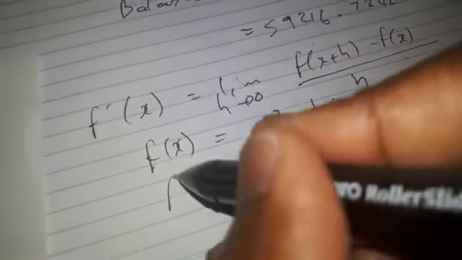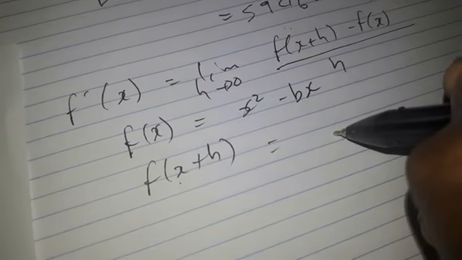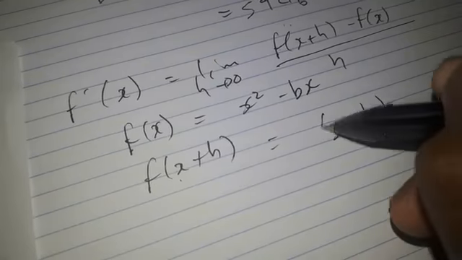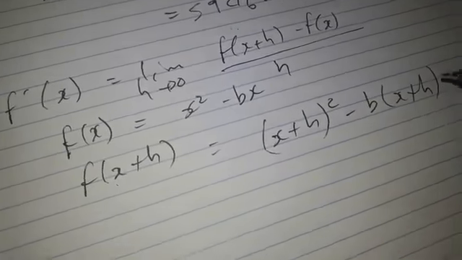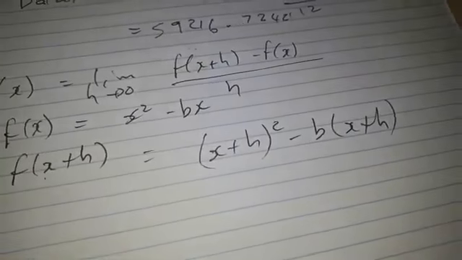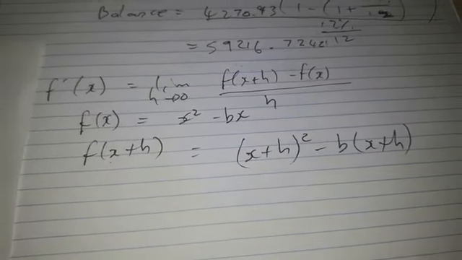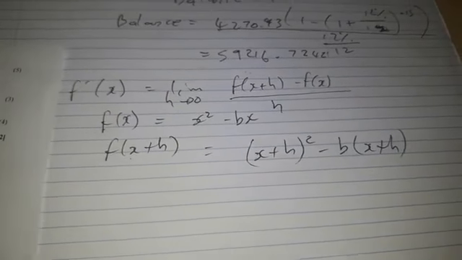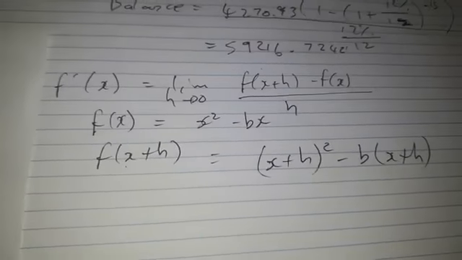So technically this is going to be x plus h, the whole thing squared, minus b times x plus h. Let's just see how this turns out.